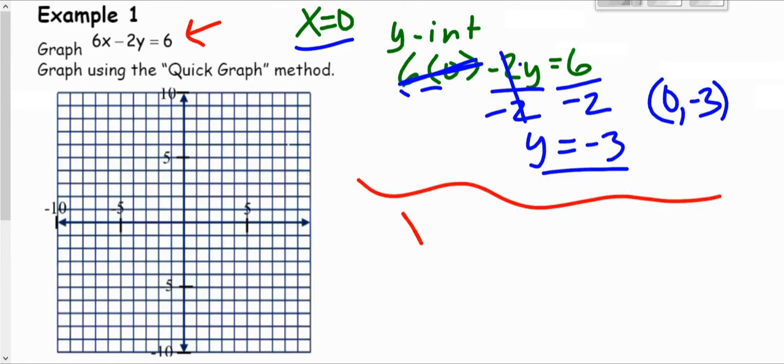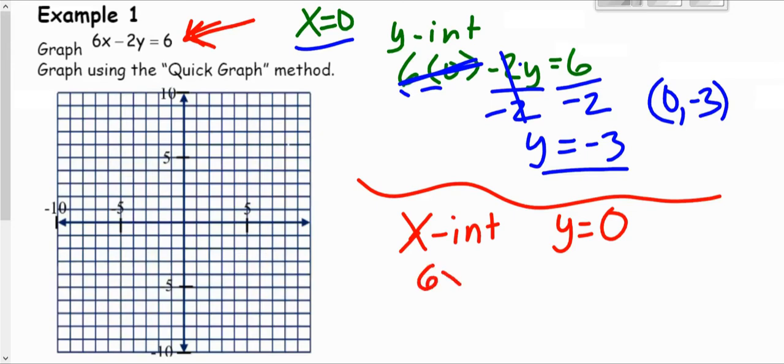Let's go find the x-intercept. If I'm finding the x-intercept, what am I substituting? y equals 0. Remember, it's always the opposite. So I'm going to take that same equation from up here, 6x minus 2y.